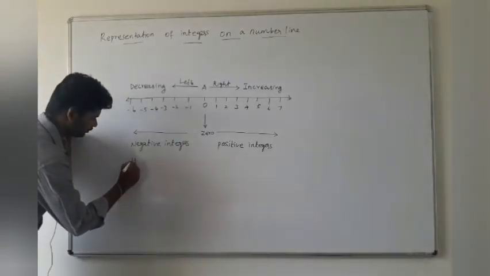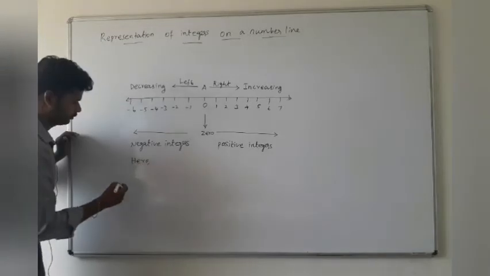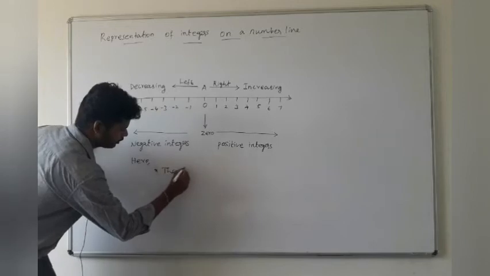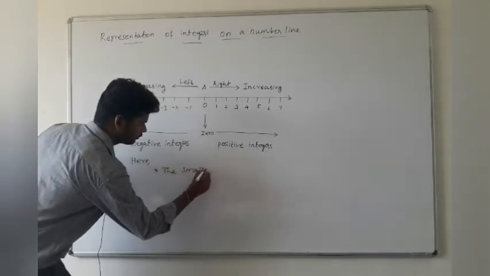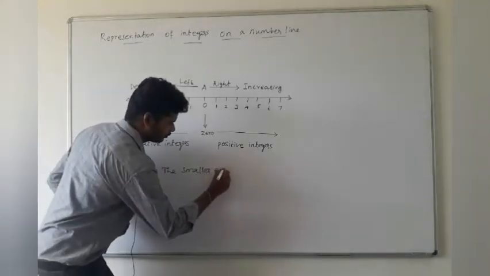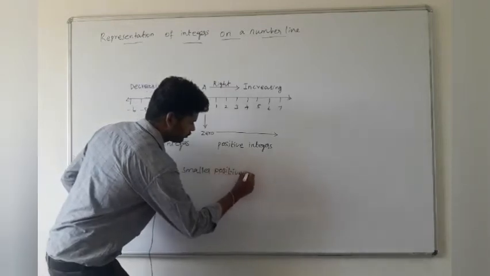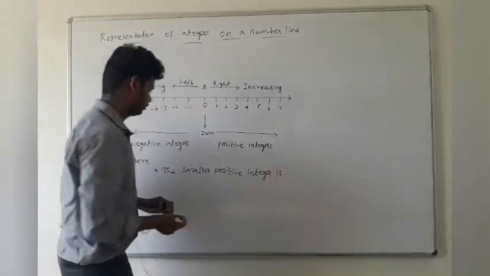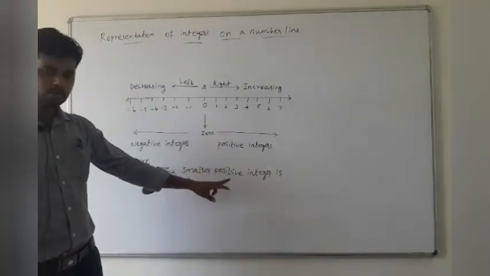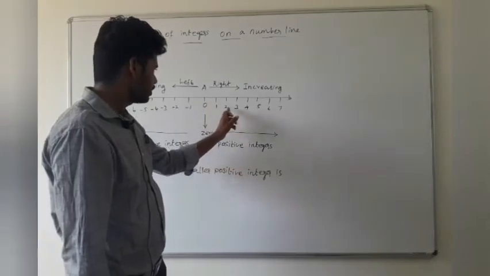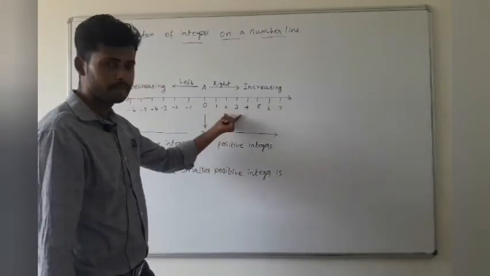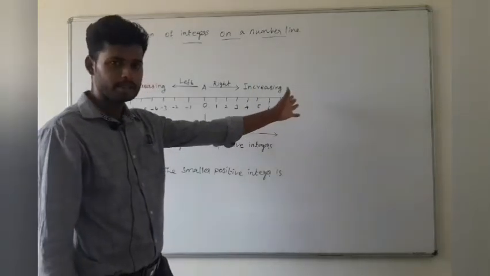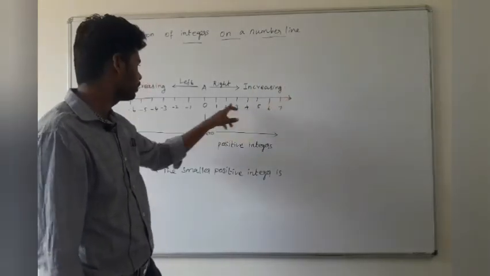Here, the smallest positive integer. Which one is the smallest number? 1, 2, 3, 4, 5, 6, up to infinity. The last number you don't know.